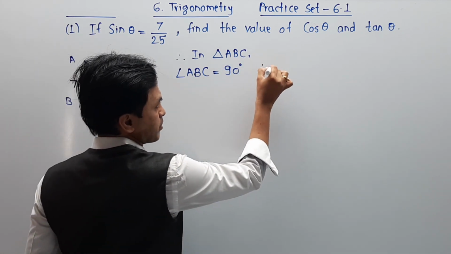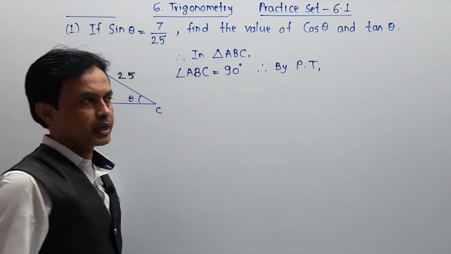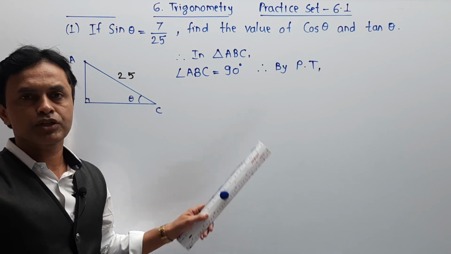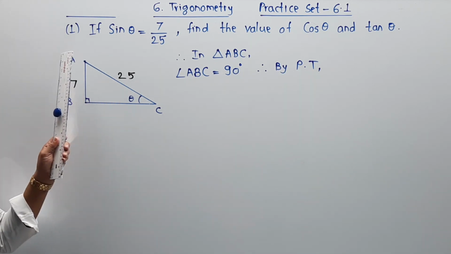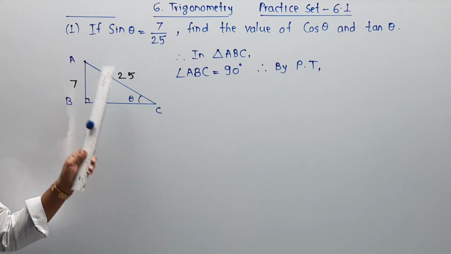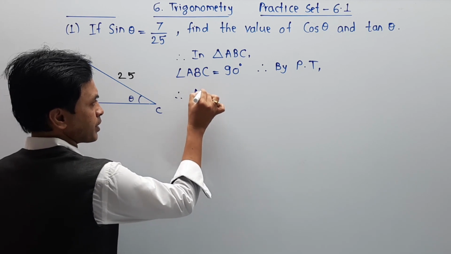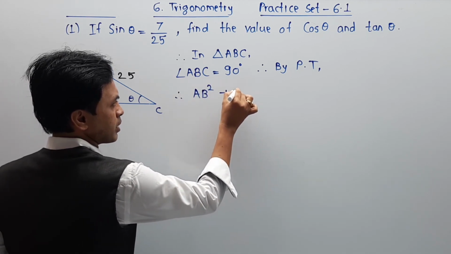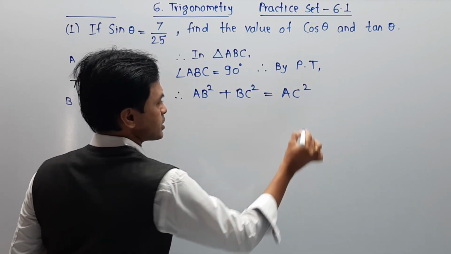Therefore, by Pythagoras theorem, remember I am writing it in short, but in the examination you have to write it completely, AB square plus BC square is equal to AC square.